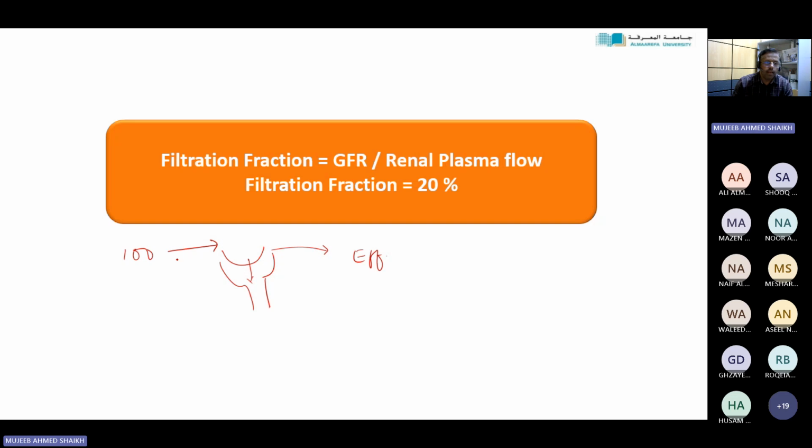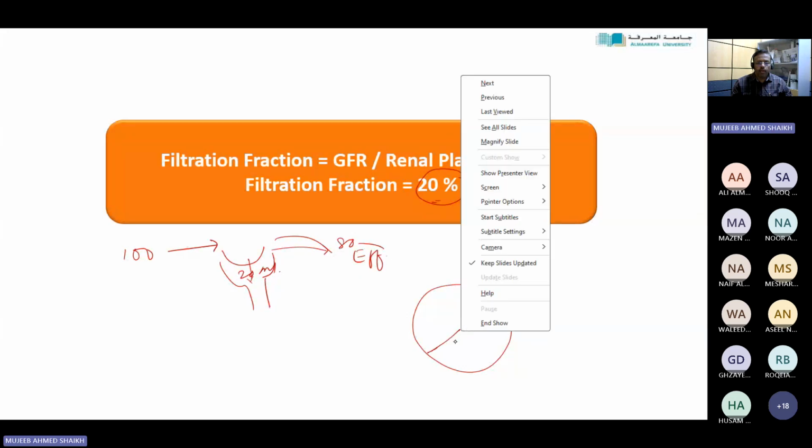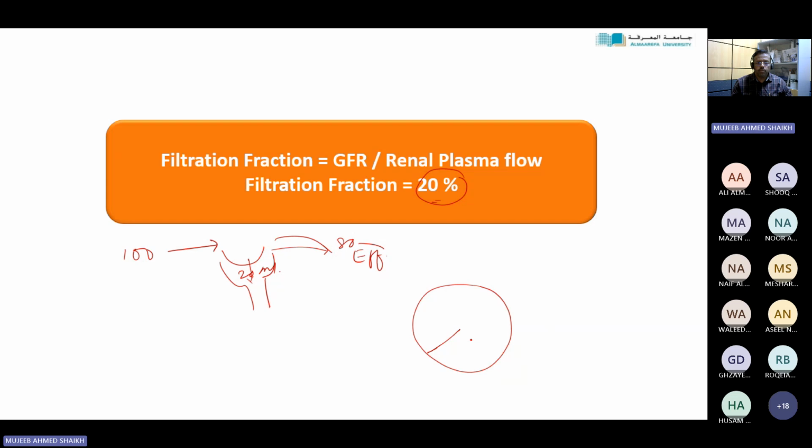Out of 100 ml, only 20 ml will be filtered, whereas 80 ml will go as it is through the efferent arteriole into the peritubular capillaries. So out of 100 ml, 20 ml, that means 20%, is filtered. This is called the filtration fraction. Fraction means if this is the whole, out of that you have this much amount filtered.